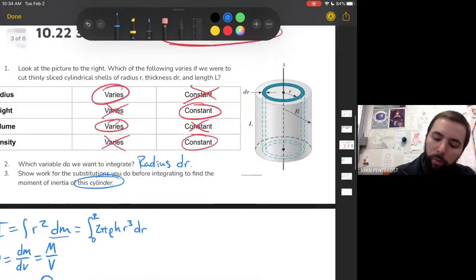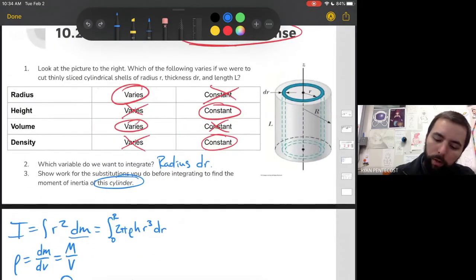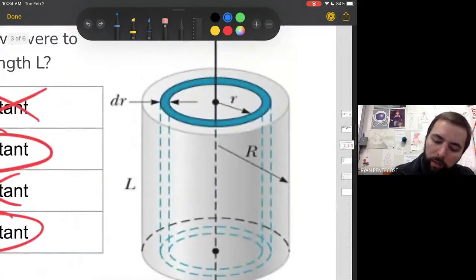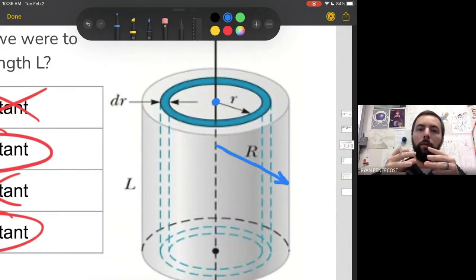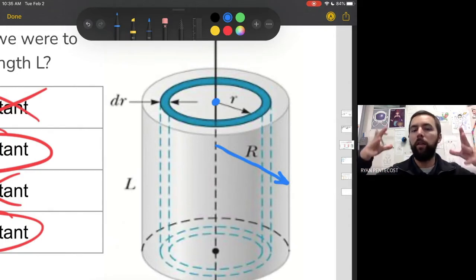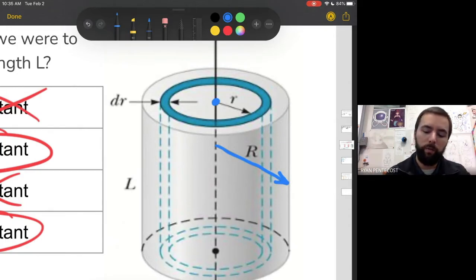Our starting point will be the center of mass right there, and then we're going to go all the way out to the large radius R. Since we're integrating in 3 dimensions, you start in the middle, and you go all the way out until you hit the full radius of the cylinder.